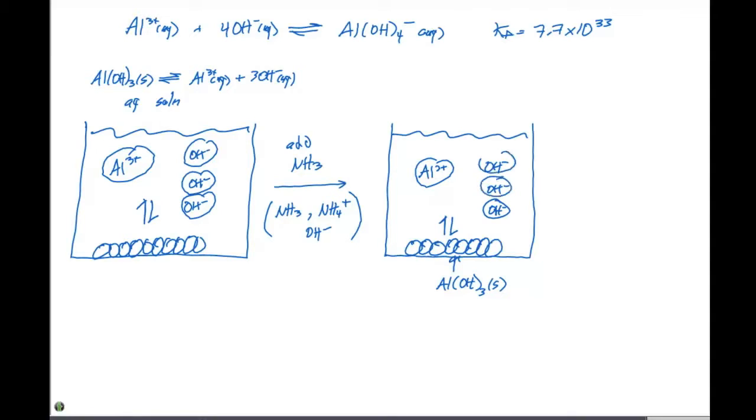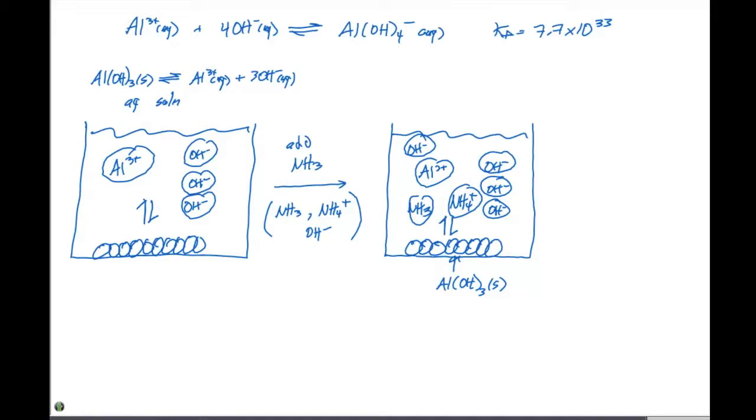So the ions that are in this solution are the 3 OH minuses and the aluminum 3 plus. But now we add the ammonia. So what that's going to do is it's going to produce OH minus ions, it's going to produce NH3, and it's going to produce NH4 plus ions.